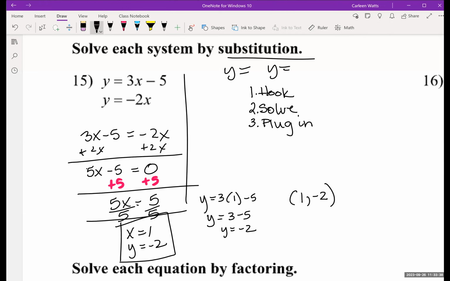Notice if I plug 1 into the top or the bottom, they would both give me y equals -2. Okay, so I'm using the substitution method, and both equations are in y equals form.